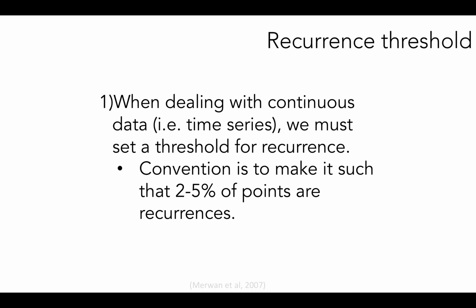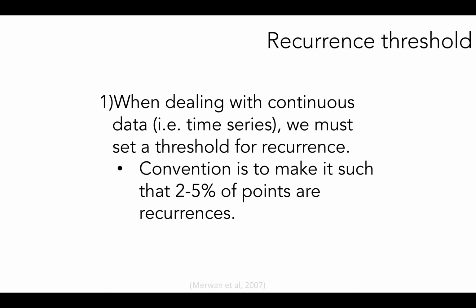Depending on how many decimal points your measurement is at, if you're going 8 decimals deep, it's not likely to recur. But if you set your threshold to maybe the tenth of a decimal, you can probably get that right.